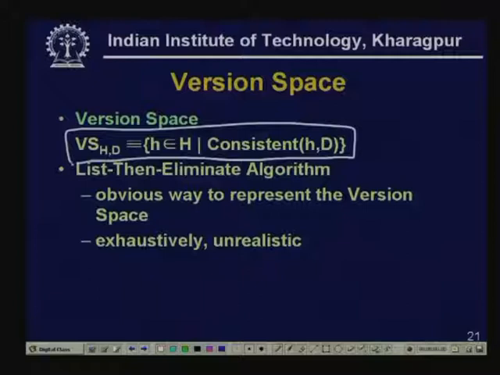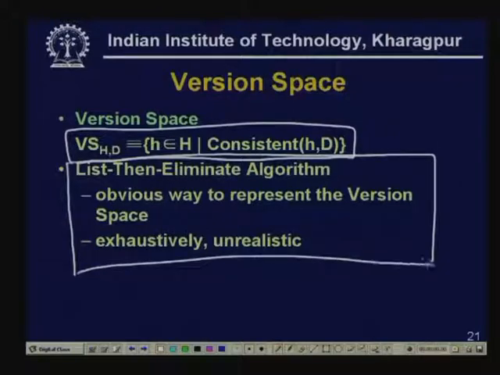Now, with this definition, we can outline a theoretically simple algorithm called the list-then-eliminate algorithm. Initially, when we have not seen any examples, when D is null, the version space is the entire hypothesis space. So, we list all the hypotheses in the hypothesis space.